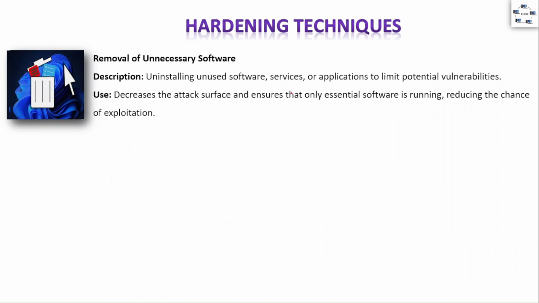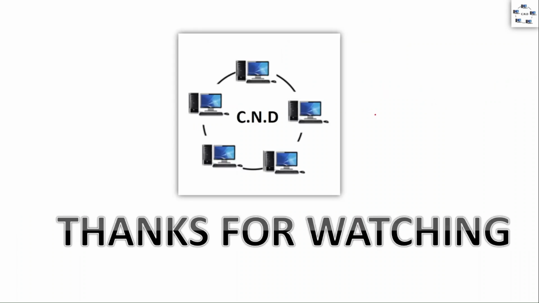And the next and last hardening technique is the removal of unnecessary software, which is basically uninstalling unused software, services, or applications to limit potential vulnerabilities. So it decreases the attack surface again and ensures that only essential software is running, reducing the chances of exploitation. So that's all for domain 2.